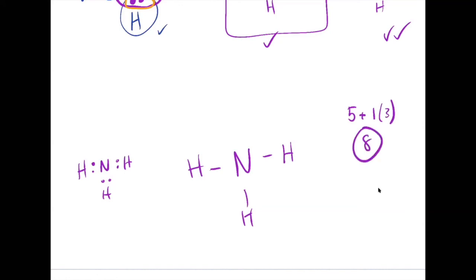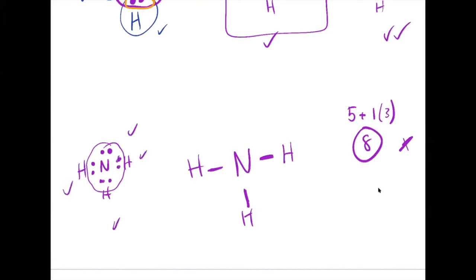Right now I have only drawn 2, 4, 6. So we have not followed the valence electron rule. And also, if you look at poor little old nitrogen right here, nitrogen is not happy. It still needs 2 more electrons, which is good because now we have drawn a total of 8 valence electrons, and everybody is happy.